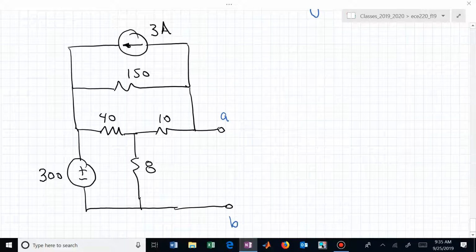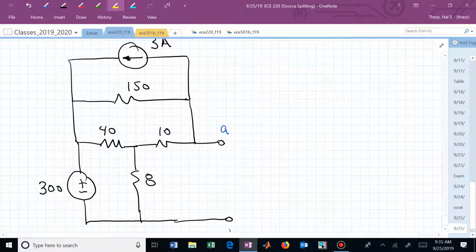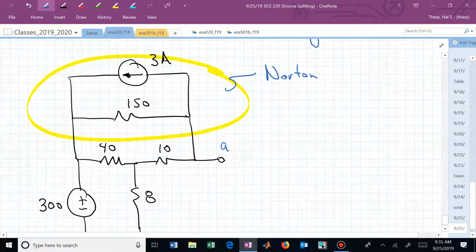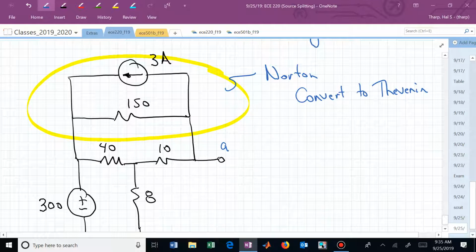Do you see that we sort of have something that we just talked about? If this was just a series connection across that, then we could start splitting our source, voltage source of 300. Meaning, let's now convert this Norton into a Thevenin. And what will that look like?